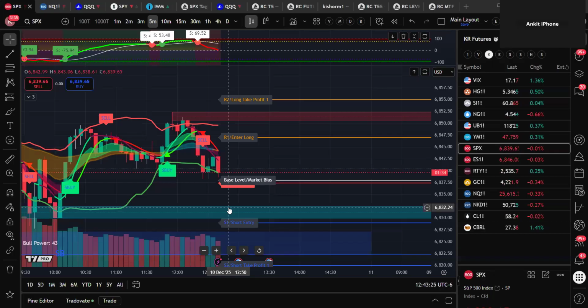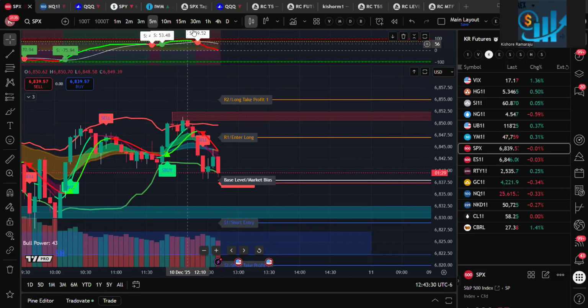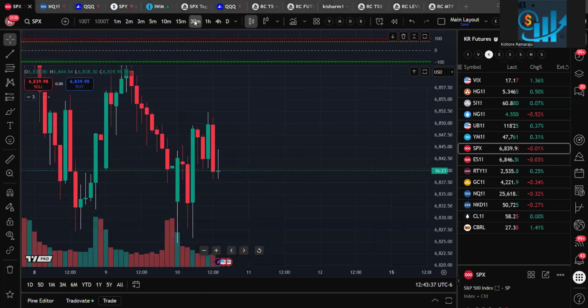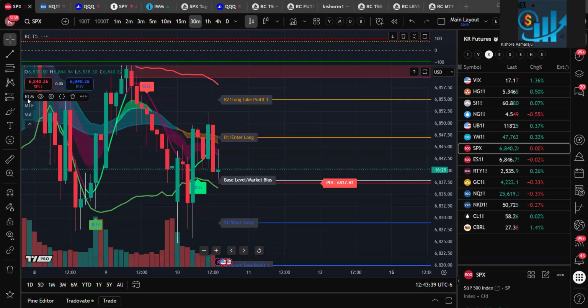Or you just do the swing trades where you look at the Tag and Turn on 30 minutes, and then you don't even need to close. You can keep all 100%.